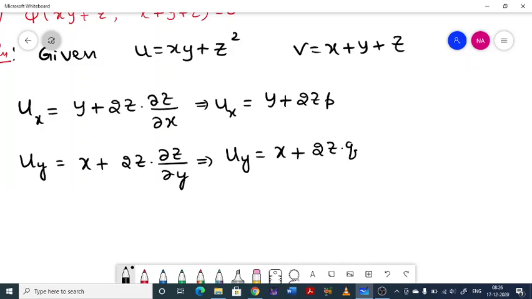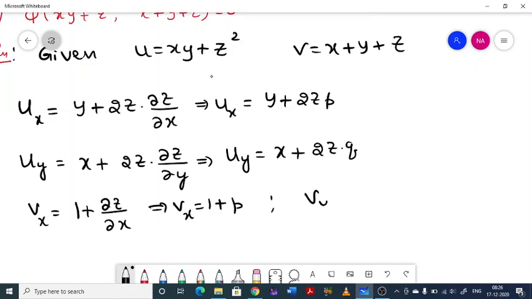Now come to v. vx equal to 1 plus, other two terms you get 0. Sorry, I forgot one more thing, dou z by dou x, 1 plus dou z by dou x. That implies vx is 1 plus p. Similarly, you can check vy will be 1 plus q.